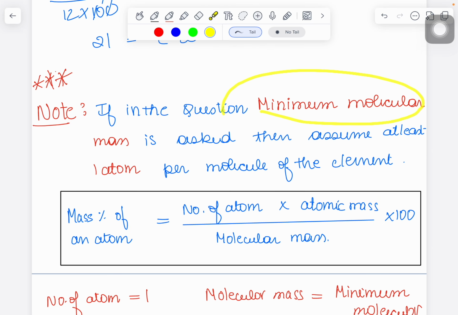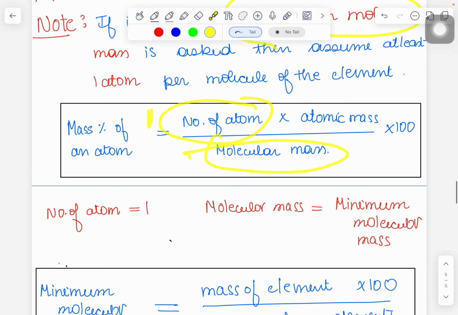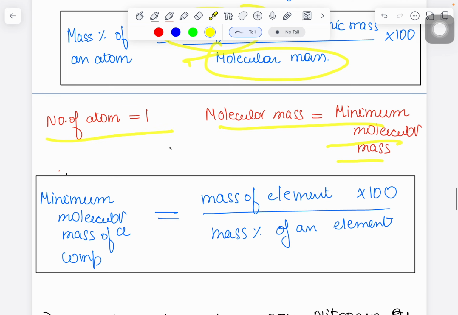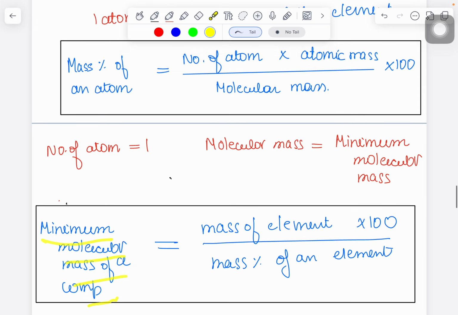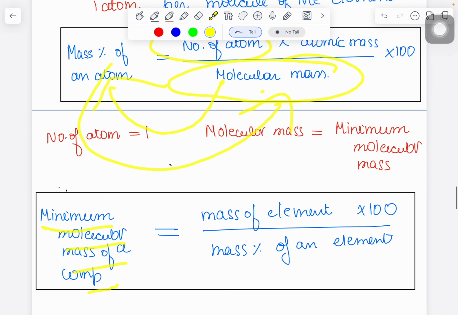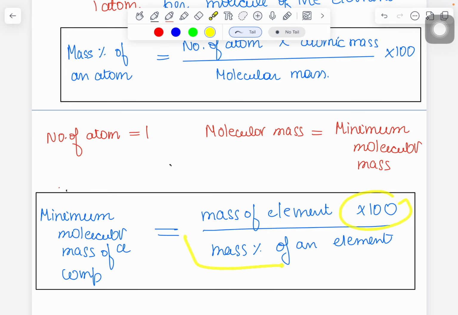If minimum molecular mass is used, always consider the number of atoms as 1. So write down the formula. Take the number of atoms as 1, and take the minimum molecular mass to the left-hand side and the mass percentage to the right-hand side. It's given as: minimum molecular mass of a compound is equal to the mass of the element or atom into 100 divided by the mass percentage of the atom.